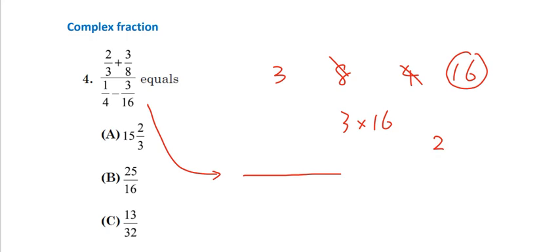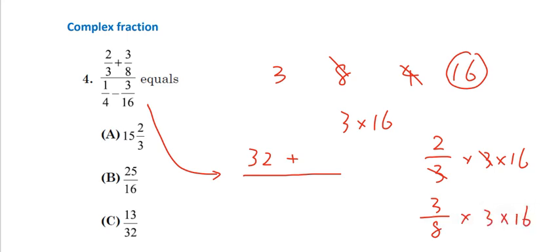So 2 over 3 multiplied by 3 times 16, the 3 cancels, so this equals 32, right? 3 over 8 multiplied by 3 times 16 becomes 2 times 3 times 3, which is 18, right? And 1 over 4 multiplied by 3 times 16 is 12, right?